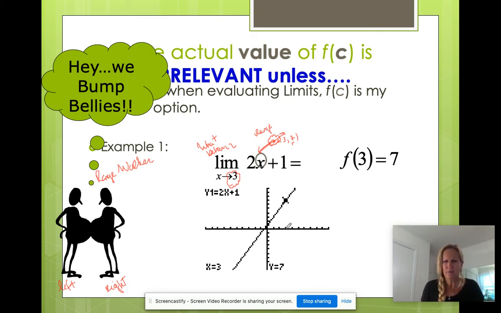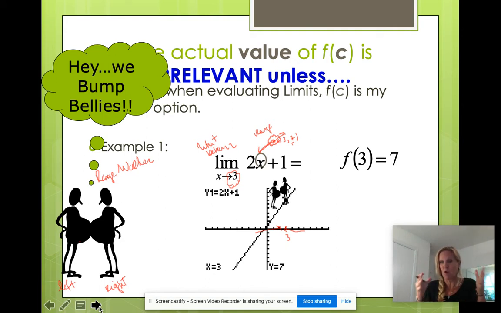So as I approach 3 from the left, the range walker is increasing. As you approach 3 from the right, the range walker is decreasing. As x gets closer and closer to 3 from the left and the right, my range walkers meet and their bellies bump.